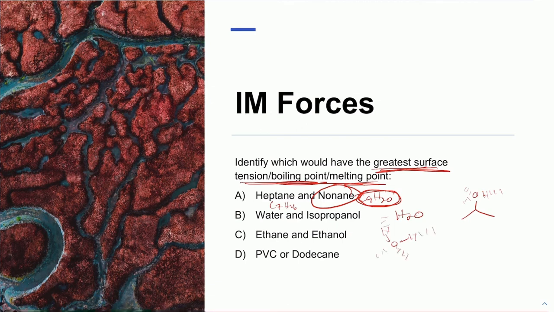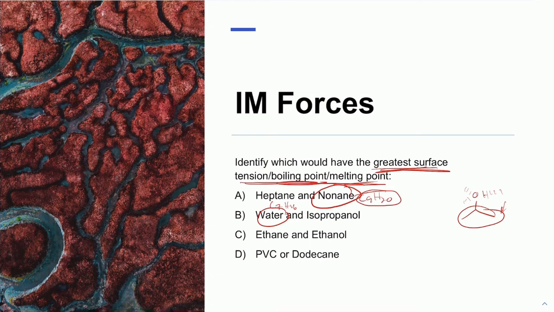The isopropanol has this tail, this big back to it that's preventing it from hydrogen bonding well. It has to be in the right position to do it, so it's not always favorable, and this is hindering it. So I would expect water to have a higher surface tension, boiling point, and melting point because it's able to hydrogen bond better than isopropanol can.